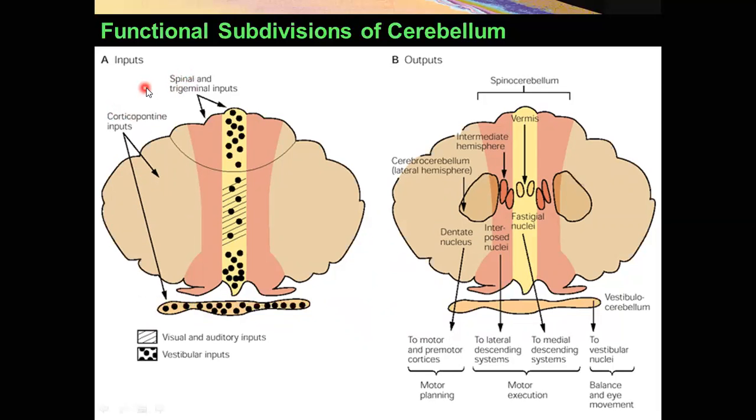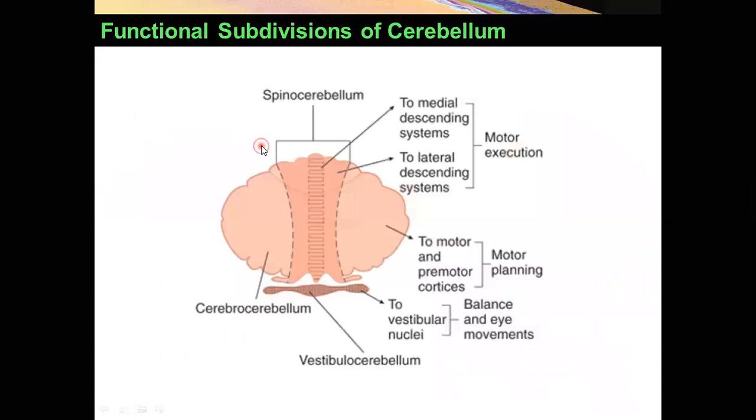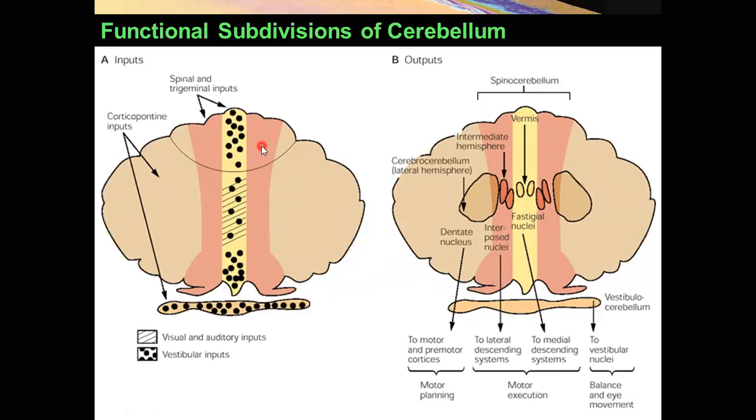And spinal and trigeminal inputs terminate in the vermis or the spinocerebellum. So the spinocerebellum receives spinal and trigeminal inputs.